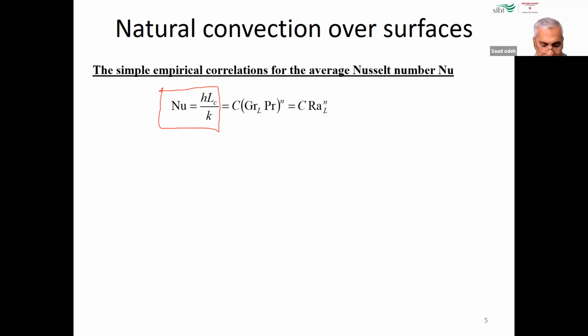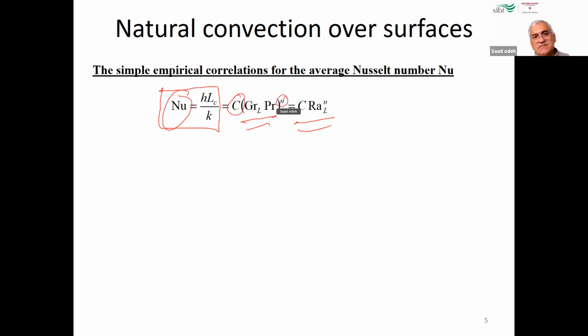Now, to find the value of Nu, we can always refer to this rule. As you can see, either we use this or the second one. It has constants: C as a constant, and n as a constant.